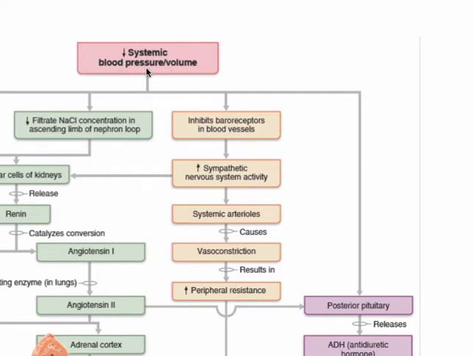So there's multiple mechanisms to increase blood pressure, one of which would be the neural response, which is what was on that last slide. So the neural response is that the baroreceptors sense the drop in blood pressure. Sympathetic nerves are going to be activated to cause constriction of systemic arterioles, and the end result is an increase in the peripheral resistance to increase blood pressure.